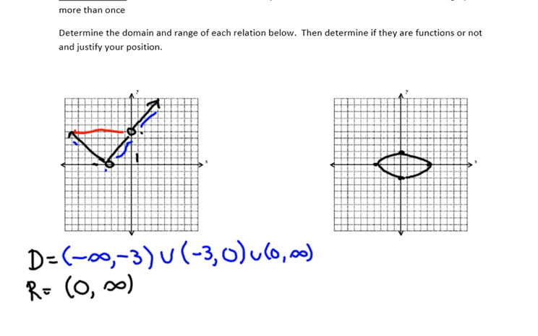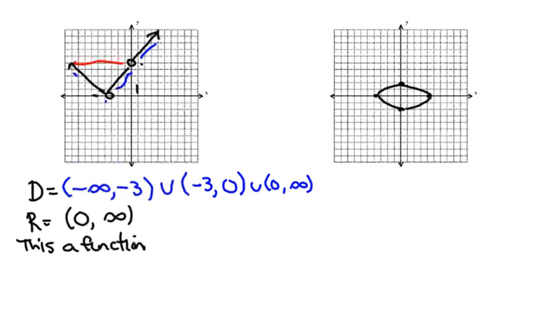Now, is this a function? Well, does every single domain value go to exactly one range value? And that answer is yes, this is a function. As I scroll down a little bit, I can keep writing.